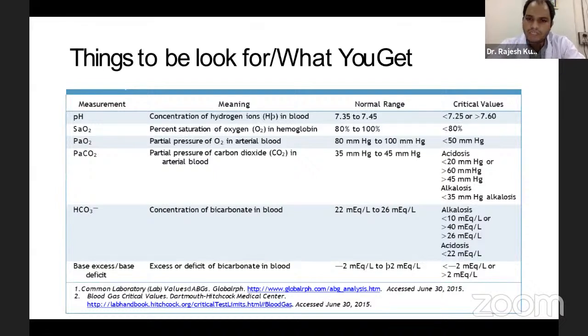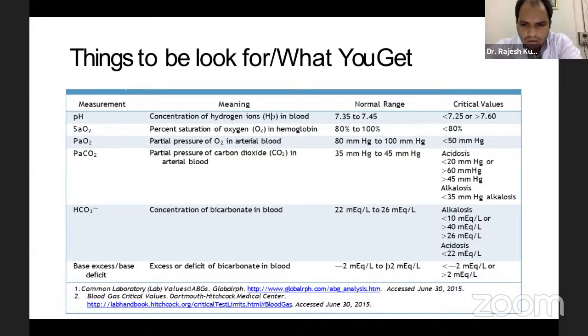But a patient who is receiving 100% FiO2 and showing a PO2 of 80, it is not normal, it is an abnormal value. So this PO2 value is on room air. Now coming to the PaCO2 values: PaCO2 is between 35 to 45 mmHg, and normal bicarb level is between 22 to 26.